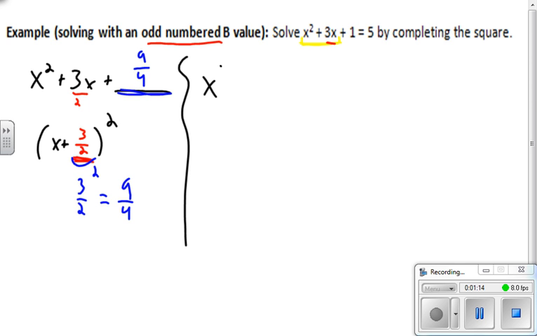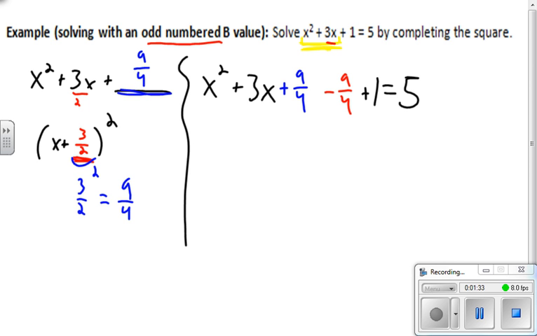So, solving this out then, we'd say x squared plus 3x plus 9 fourths. Then again, remember, we have to subtract 9 fourths, so it's like we didn't actually change our original equation. Plus 1 equals 5.